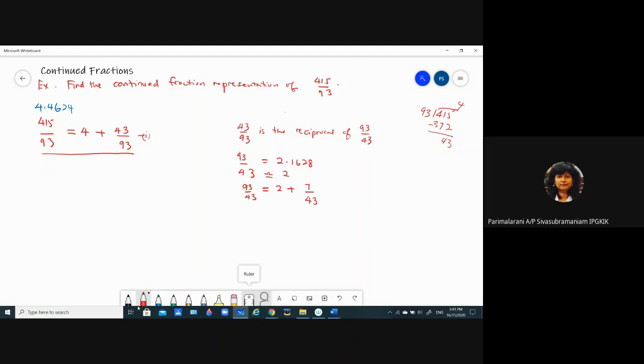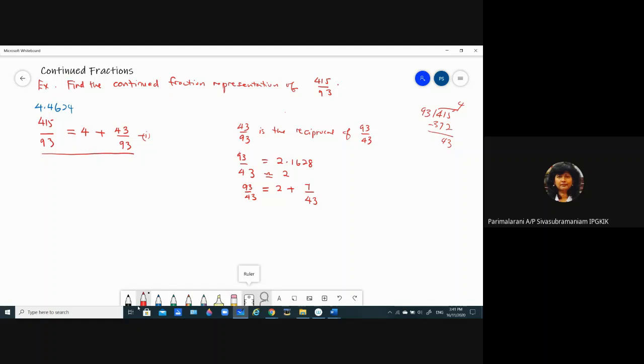Because 43 over 93 is the reciprocal of 93 over 43, we just take this for example first. 93 over 43 is 2.1628, which is approximately 2. Or we can also say that 93 over 43 is 2 plus the remainder 7 over 43.